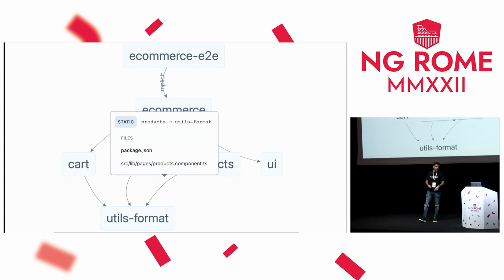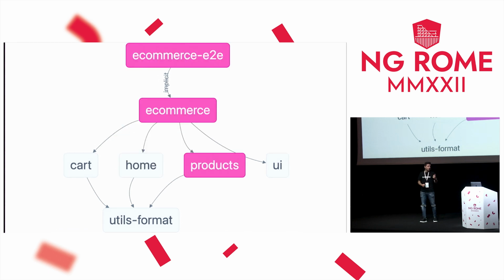But NX is also able to do more. Another thing is NX is able to understand what has changed in our code base. For instance, in this example, I changed the product library.